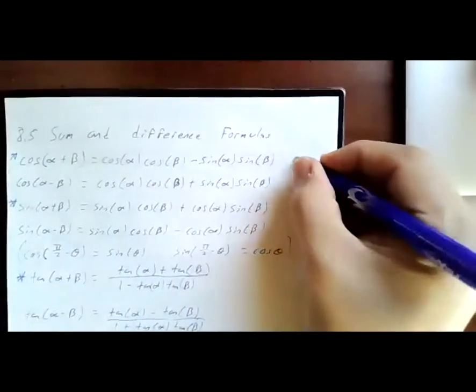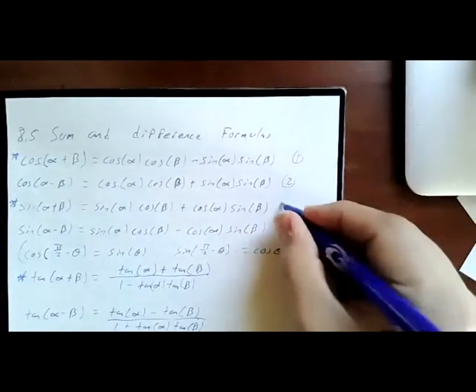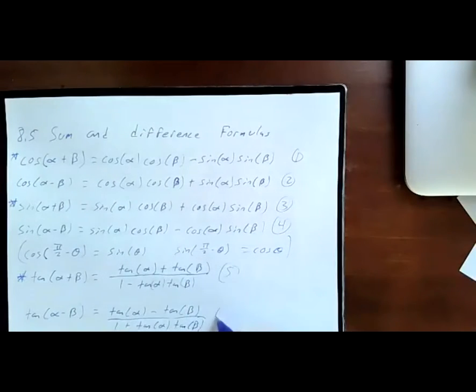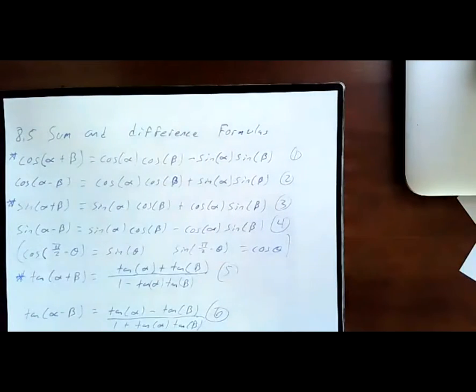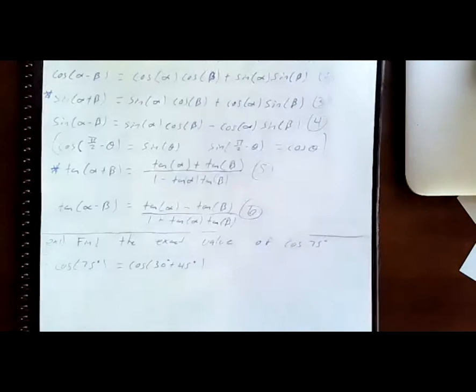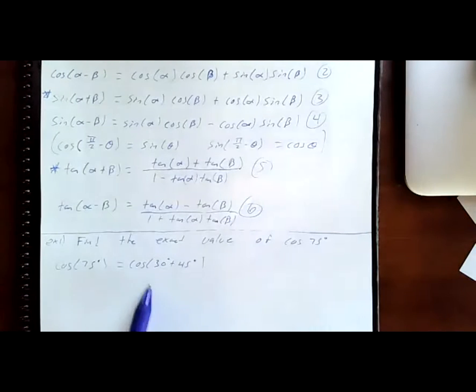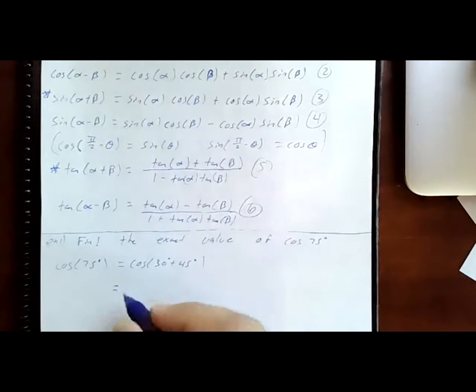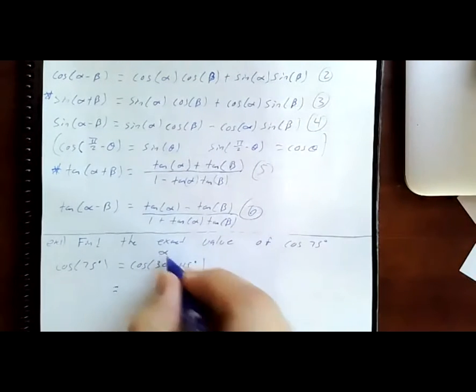I'm going to number them so I can refer to them. This is 1, 2, 3, 4, 5, and 6. So using equation 1, I can easily split this up. This is going to be my alpha and beta.